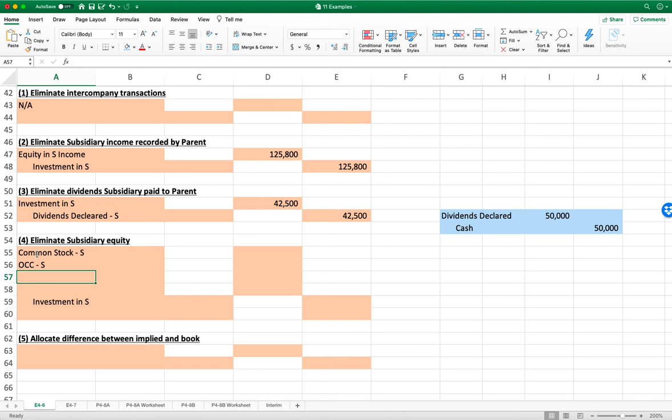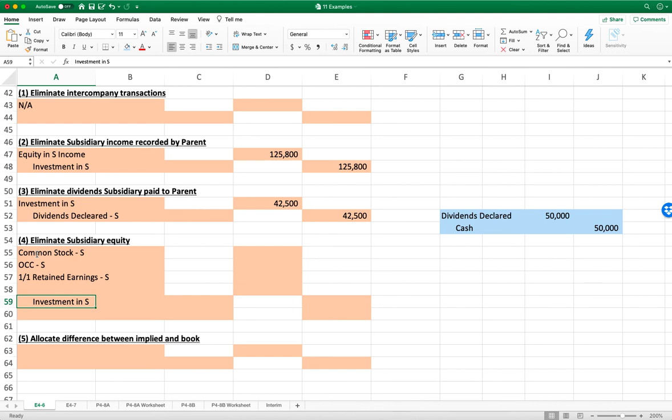We're going to designate 1/1, or January 1st, or whatever the first day of the fiscal year is, retained earnings of our subsidiary.